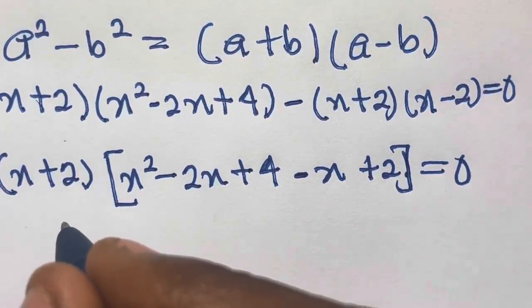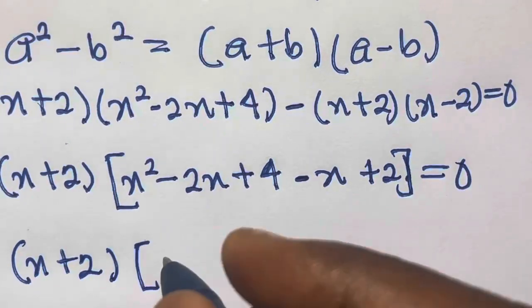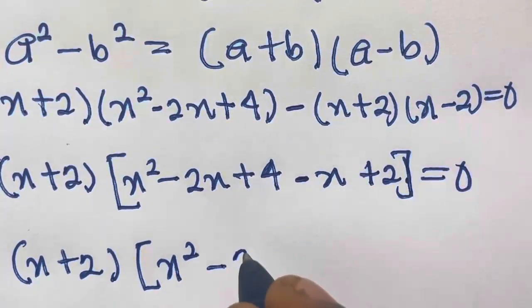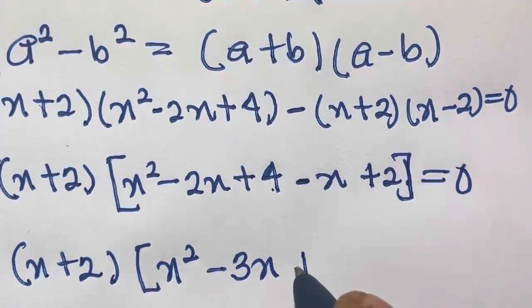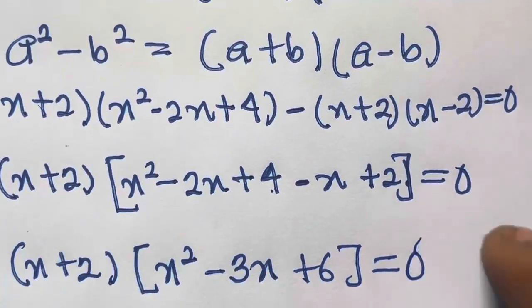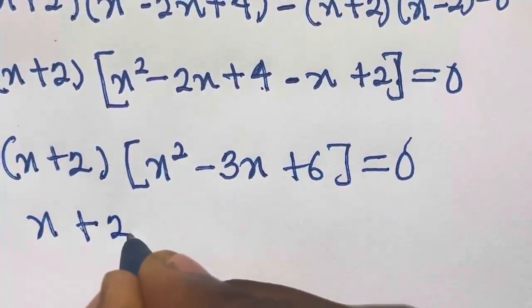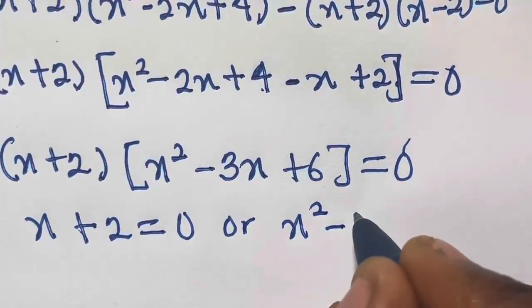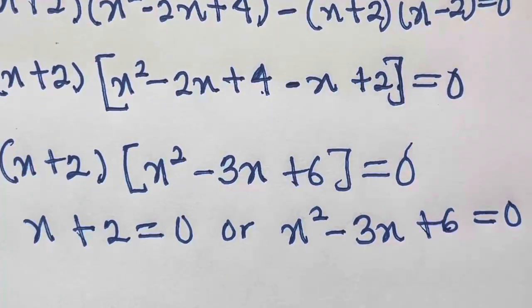So we have x plus 2. Also here we have x squared minus 2x minus x will give us minus 3x. We have 4 plus 2, so that will give us 6, so equals 0. So that means that we have x plus 2 equals 0, or x squared minus 3x plus 6 equals 0.